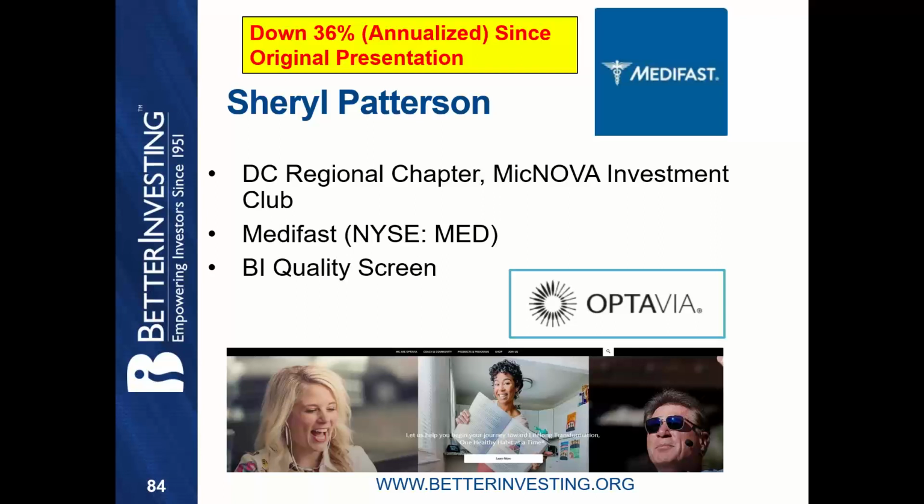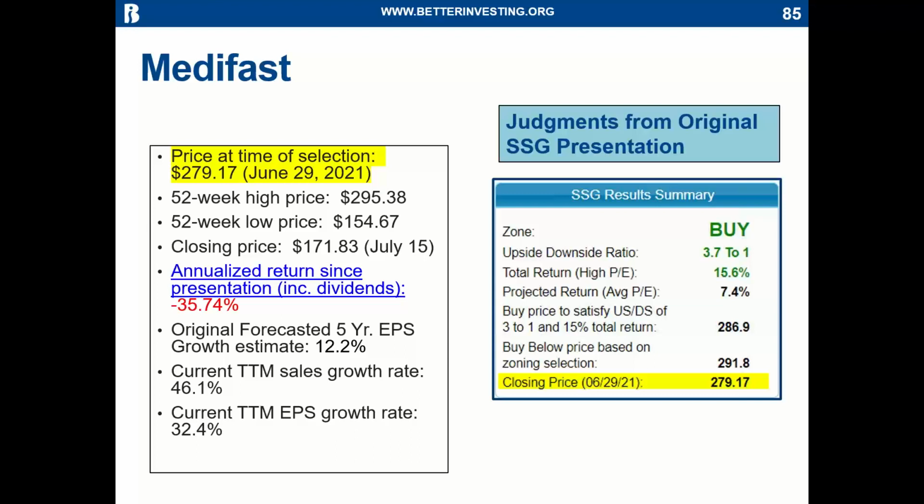All right, so now I am going to be looking at Medifast, and we can go to the next slide. So Medifast, my original selection price was $279.17 back at the end of June 2021.